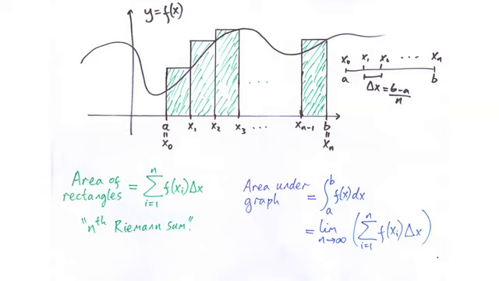The area under the graph, which is this integral from a to b of f of x dx, is equal to the limit as n goes to infinity of this nth Riemann sum. Okay, so that should be familiar from integral calculus, and that's the first picture that we're going to bear in mind while we try and figure out how to approach the problem of computing volumes of revolution.